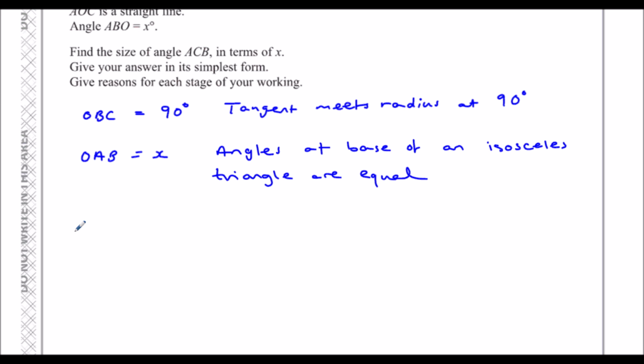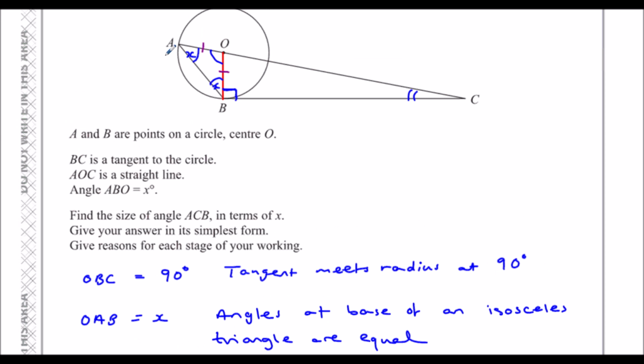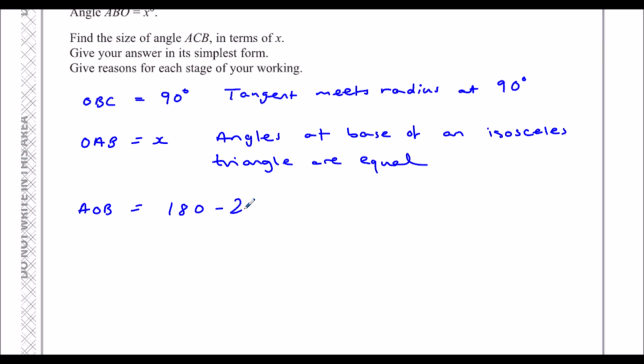So AOB is 180 take away X and X, take away 2X, because angles in a triangle add to 180 degrees.